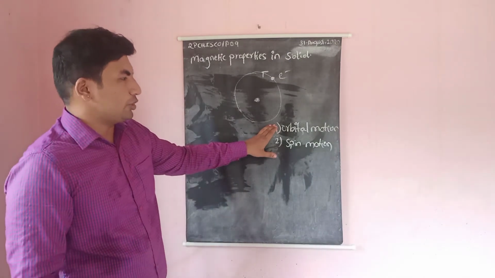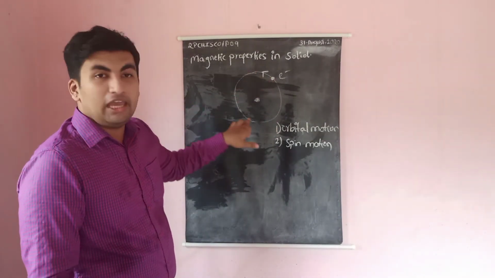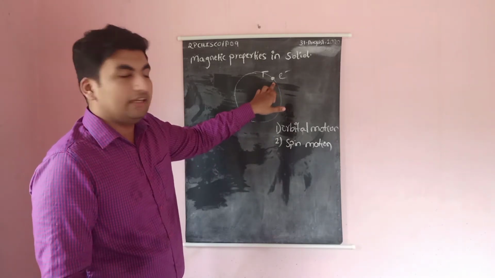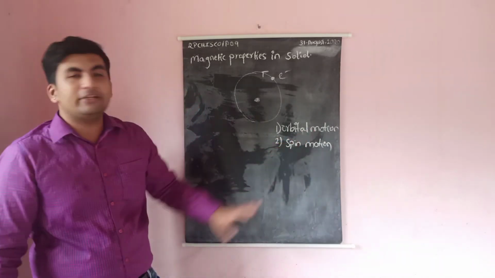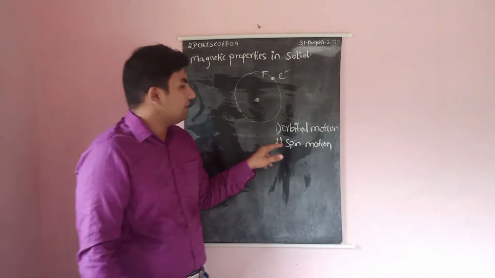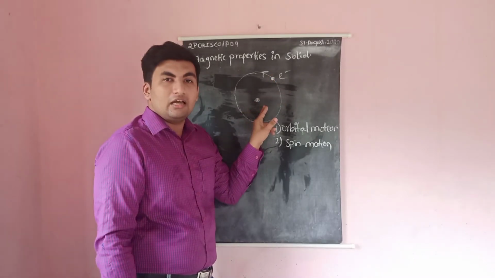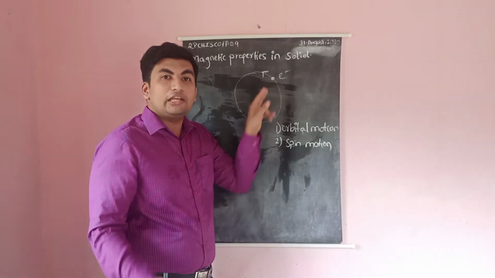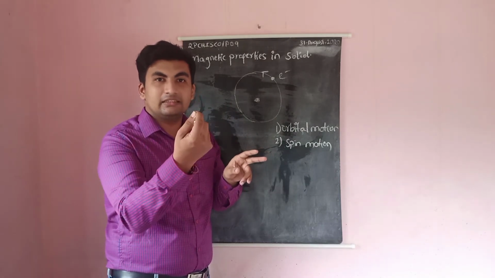What is this orbital motion? Orbital motion means electrons revolving around the nucleus in an orbit. That type of motion is called orbital motion. And spin motion means, along with the orbital motion, the electron revolves around its own axis.